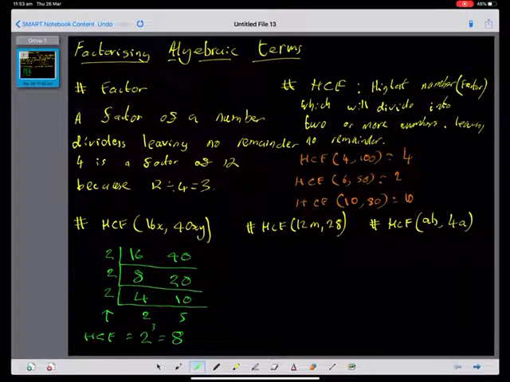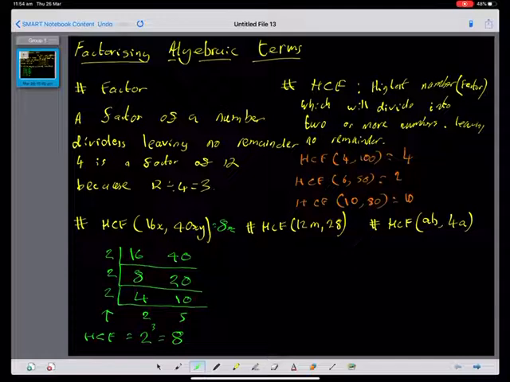Now, we have an x and an xy. So, in the numbers, we definitely have 8. And the only factor which will divide x and xy is x. And if you remember, a factor divides a number leaving no remainder.